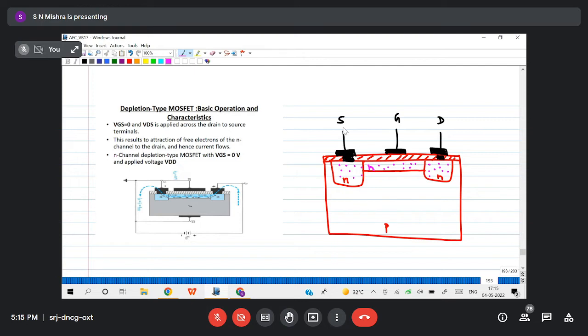Here also I'll do the same thing. My prime aim is to transfer the carriers from source to drain, and using the gate terminal I want to control that current. Now here, without applying any voltage to drain, source or gate, can I get any current? Can the electrons move and produce any current?